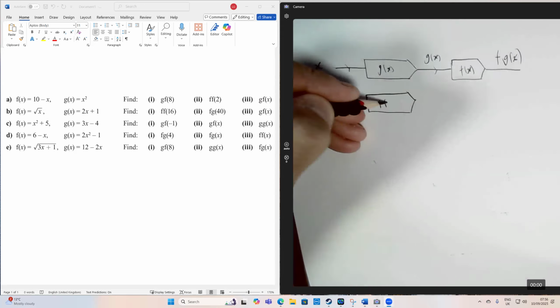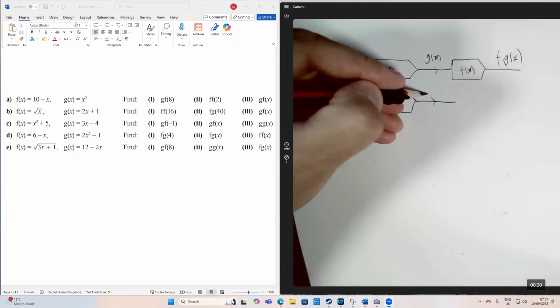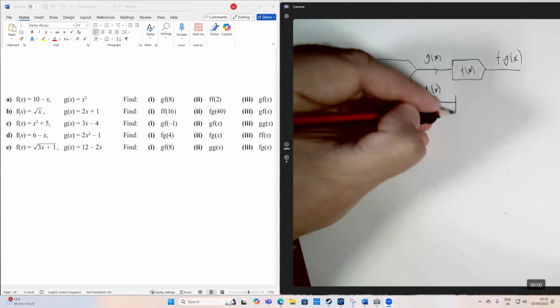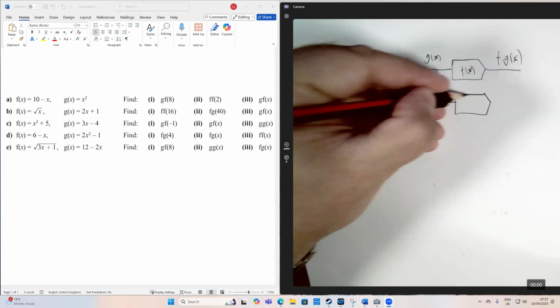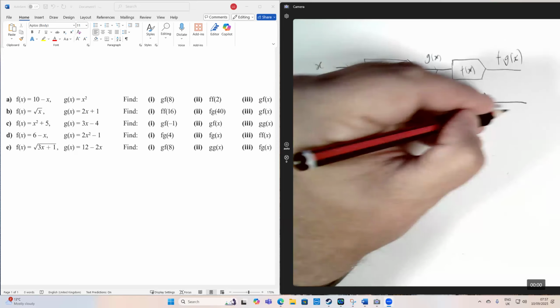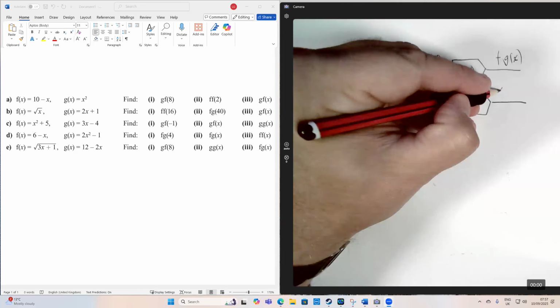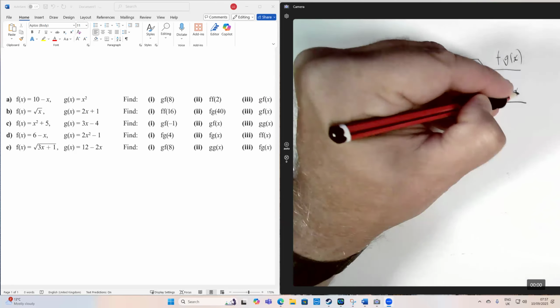So let's imagine now that the functions happened the other way around. In other words, the f of x happened first, and it then went into g of x after it had gone into f of x. Now this time, what's going to come out is g of f of x.